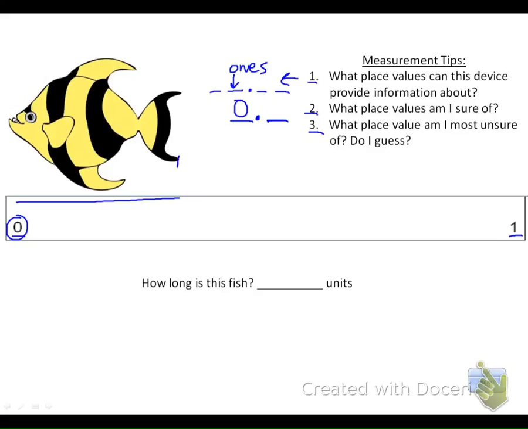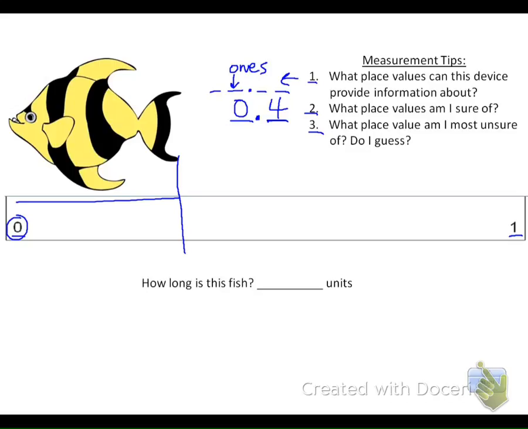So this fish, somewhere along there, and let's just say 0.4. It's an estimate. It's going to have some error to it. Could you say 0.5? Yeah, you could say 0.5. Could you say 0.8? Yes. Any 0.1 would even be an okay answer here.